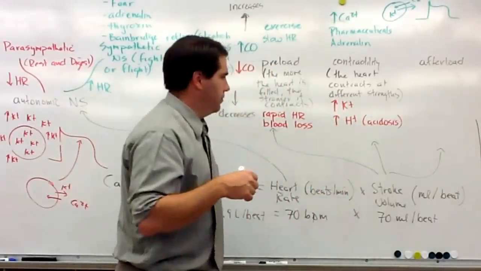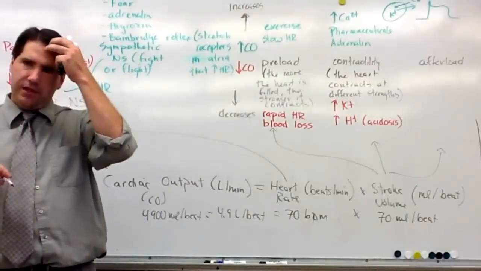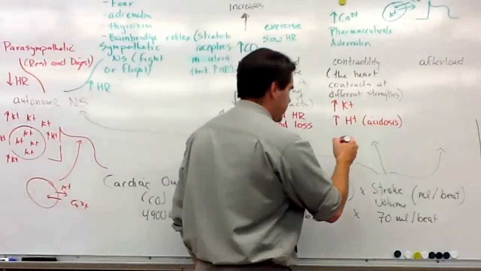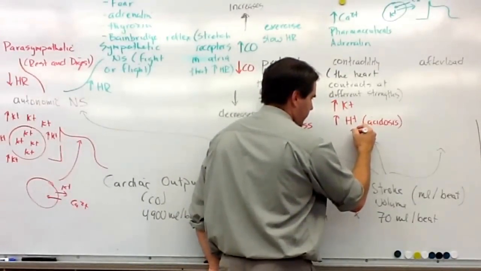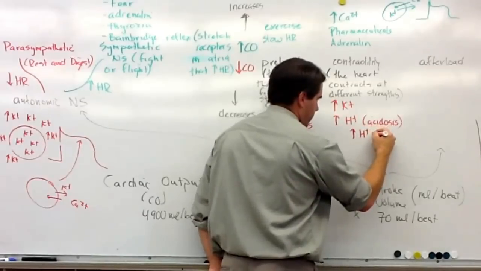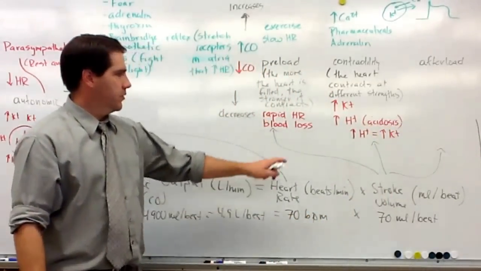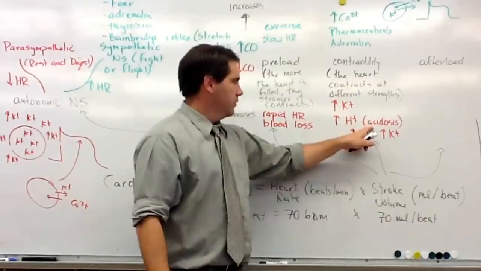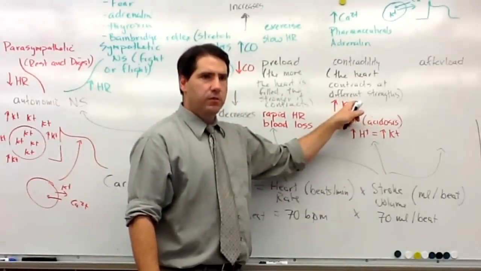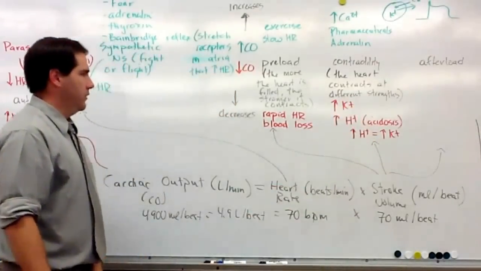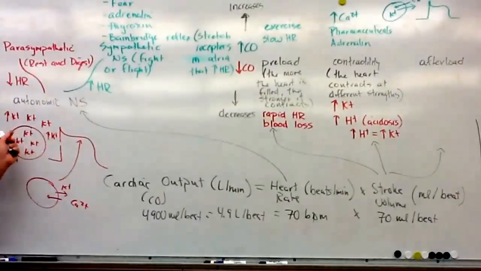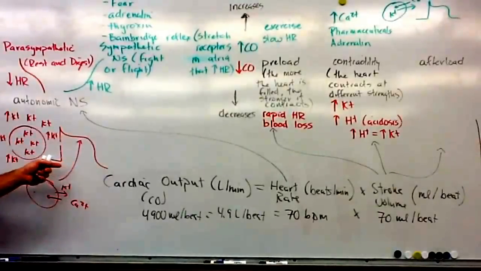I don't want to go into a lot of details on this yet until we talk about electrolytes, but the reason is that essentially in the body, if you have an increase in hydrogen, it equals an increase in potassium. So acidosis would throw off your potassium. That potassium increase would make the potassium inside the cardiac cell not want to leave.